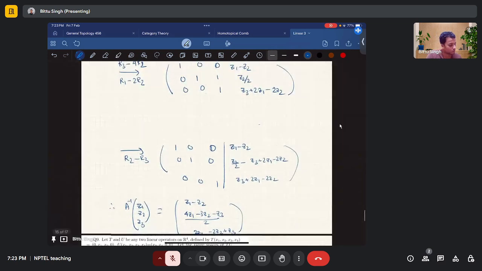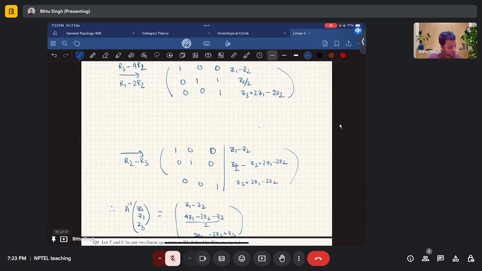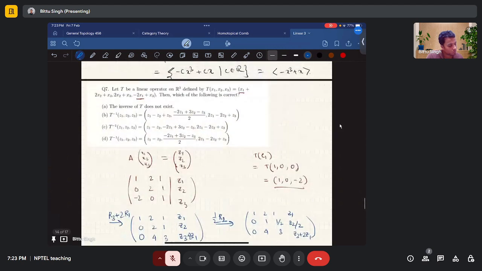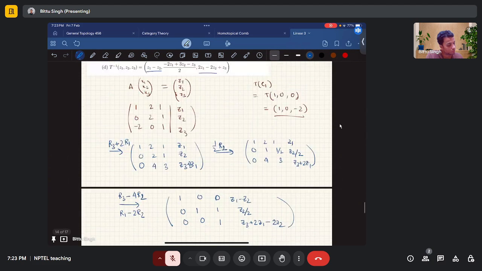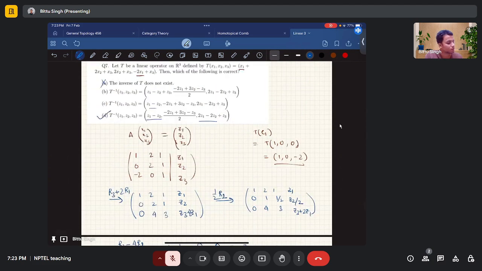Okay, so this is matching with Z1 minus Z2. So T is invertible is clear now. So this is not correct. First one is Z1 minus Z2. So there are two Z1 minus Z2. But second one is this by 2. This is matching 2Z1 minus 2Z2 plus Z3. Yes, so this is the correct answer. Answer D.